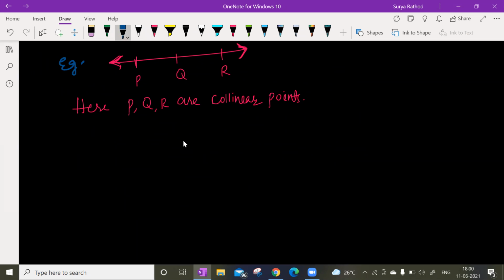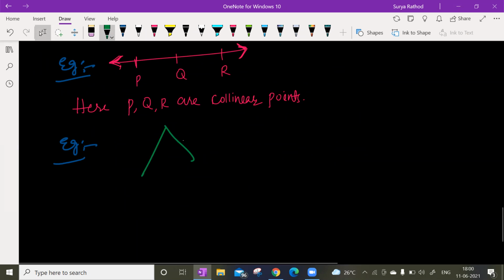This is my example. One more example. This is my point A here.